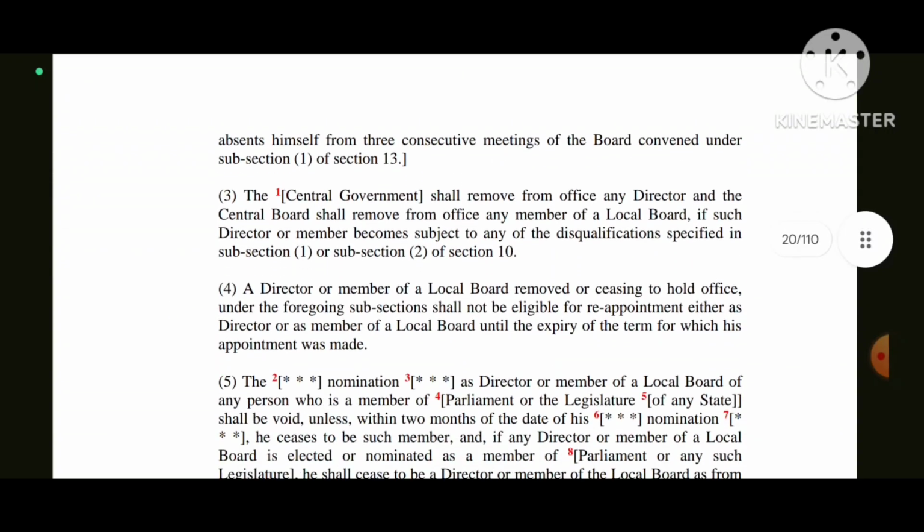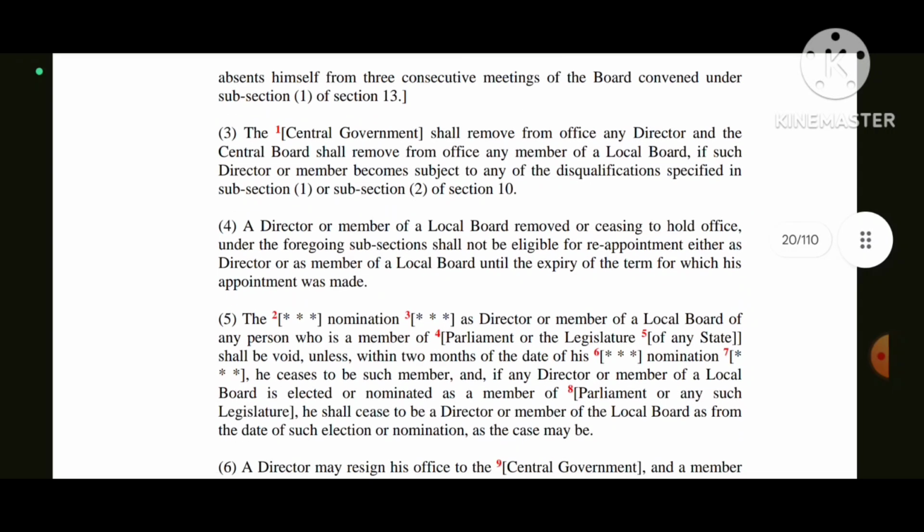They will be removed. The central government shall remove from office any director, and the central board shall remove from office any member of local board, if such director or member becomes subject to any of the disqualifications specified in subsection 1 or subsection 2 of section 10.